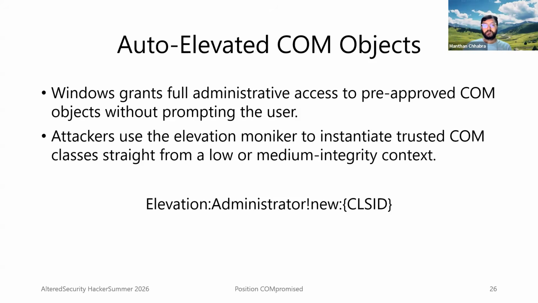Then there is another requirement: the binary which is actually requesting this elevated access, the client requesting this administrative context to the COM object, needs to be Microsoft signed. It needs to be a trusted and Microsoft signed executable. That is another really important requirement.